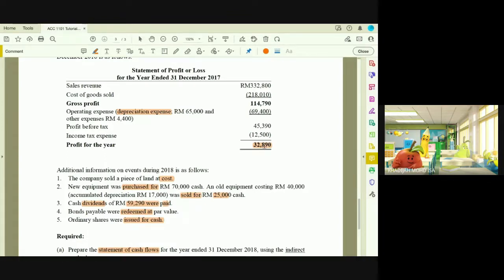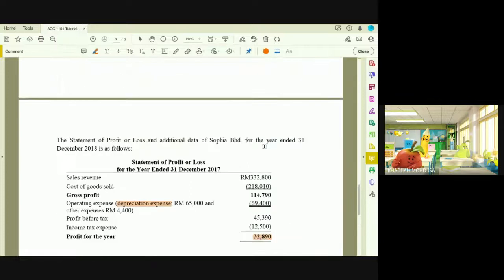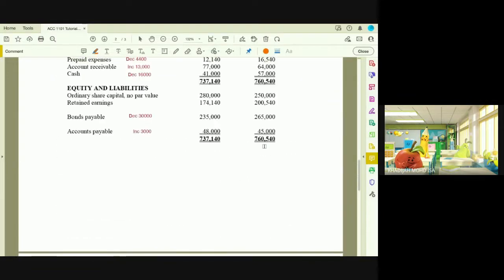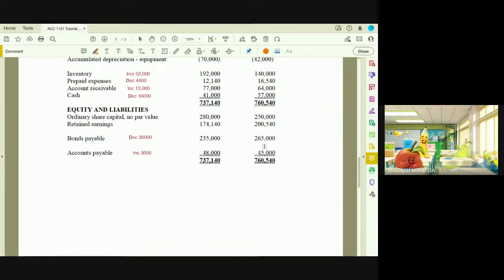So remember that every year you do have one account called retained earnings. During the year you have a balance of 174,140. So even though your profit for the year is only 32,000, the accumulated profit is already 174,000.